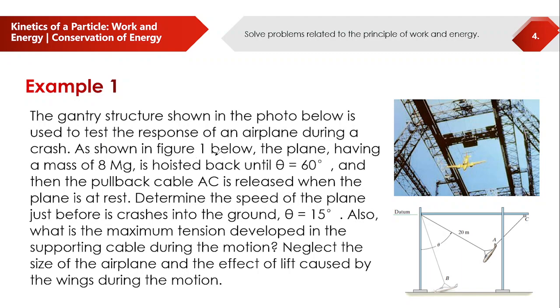So, as shown in the figure, okay, the plane having a mass of 8 megagrams is hoisted back until theta is equal to 60 degrees. And then pullback cable AC is released when the plane is at rest. Determine the speed of the plane just before it crashes into the ground.